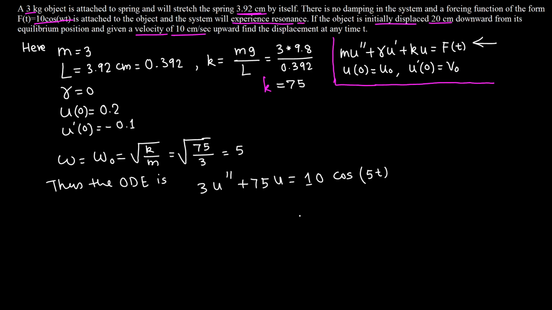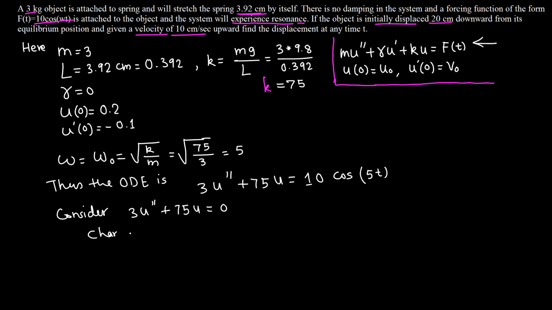This is a non-homogeneous second order constant coefficient differential equation. To solve, we first consider the corresponding homogeneous equation. Just take the right hand side 0 and find a solution, which is the complementary solution.